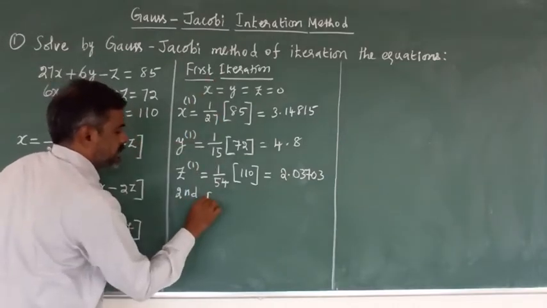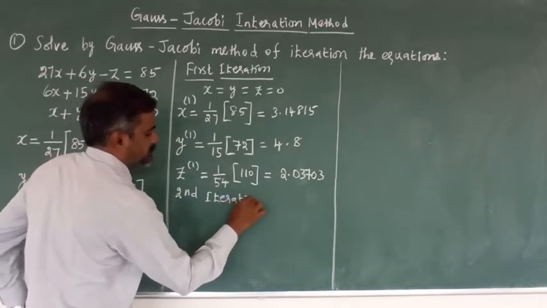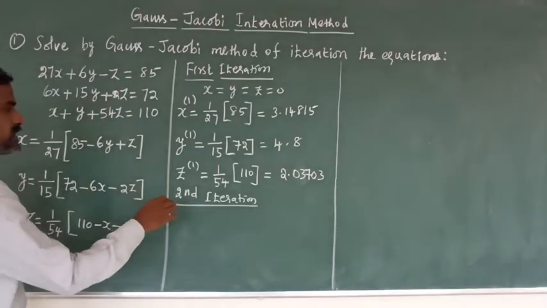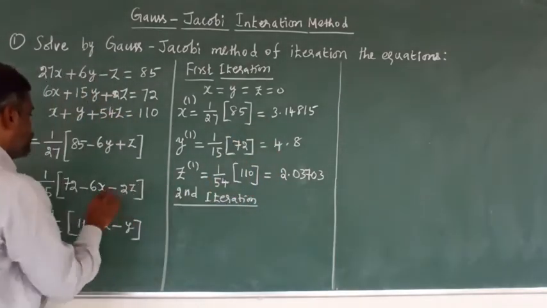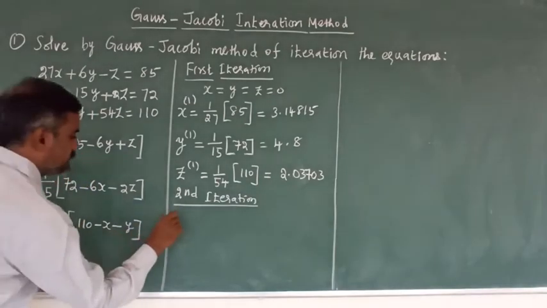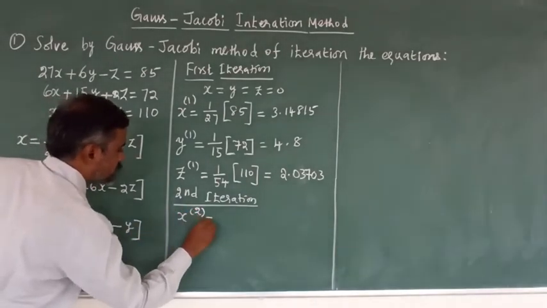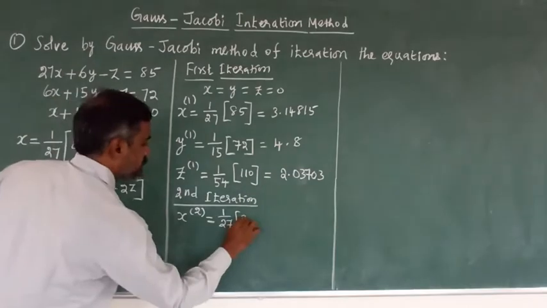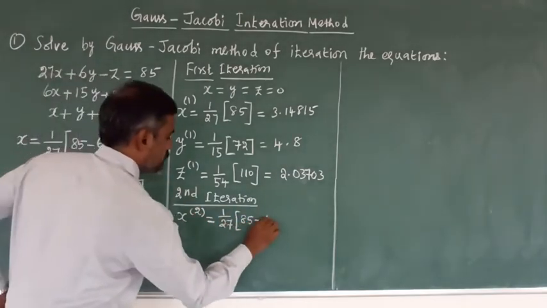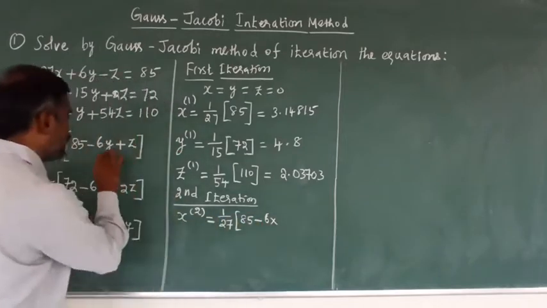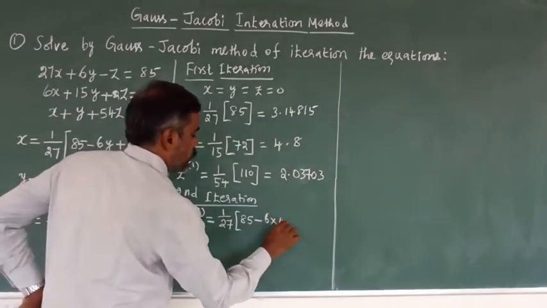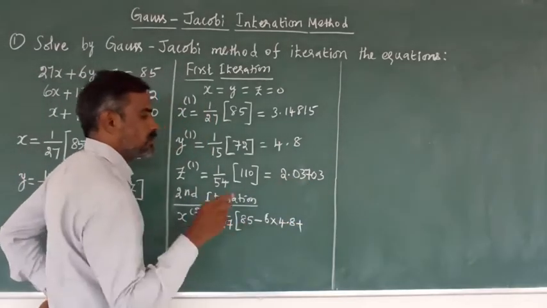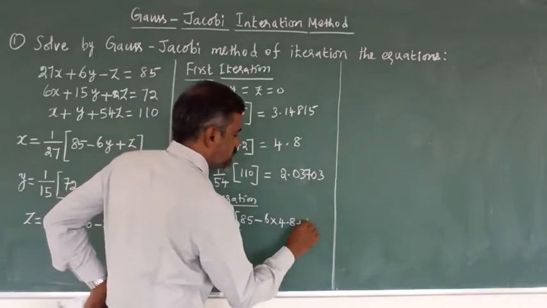To find the second iteration, we substitute the first iteration results. This is for the second iteration: x2 = 1/27 (85 - 6 into y first iteration value 4.8 + z value 2.0370). After the decimal point, we take 4 decimal places.